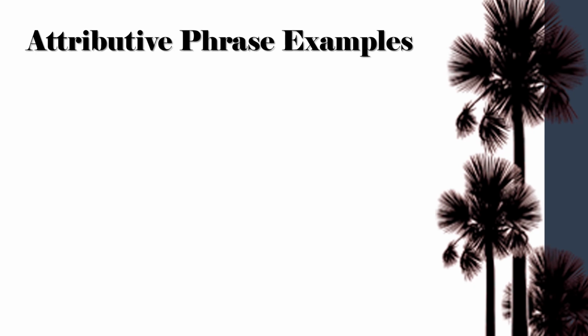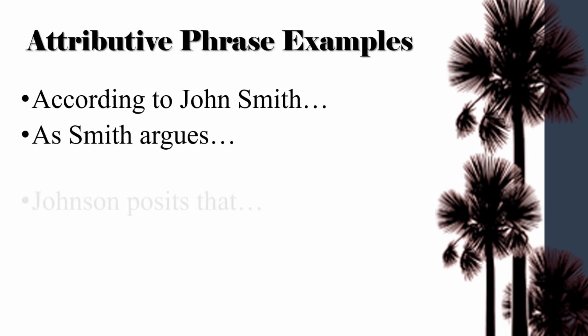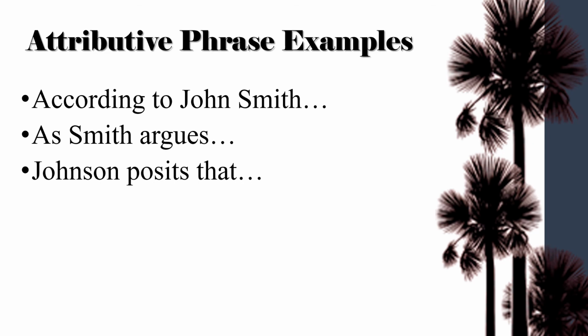When introducing your source, use an attributive phrase, a phrase which identifies your source, usually matching how it is listed in the works cited. For example, according to John Smith, as Smith argues, or Johnson posits that.